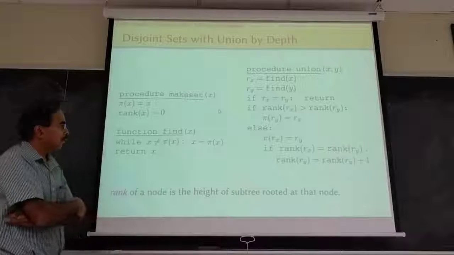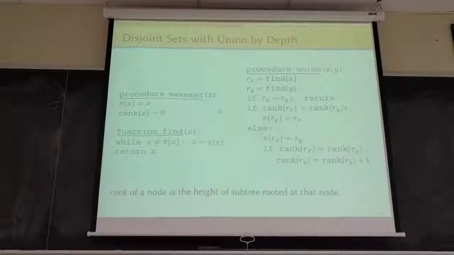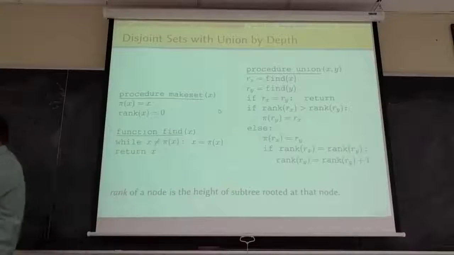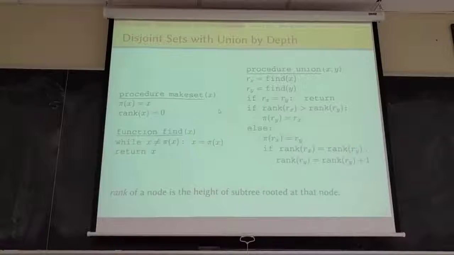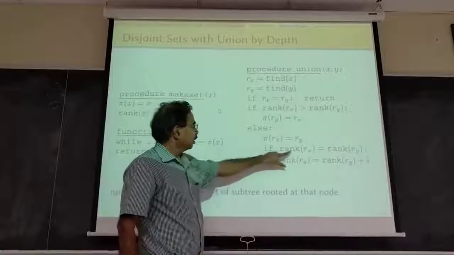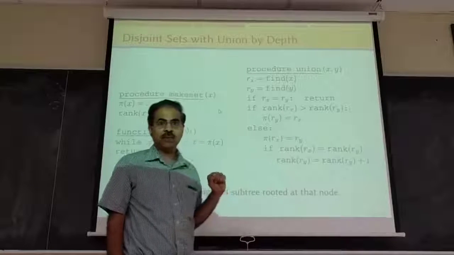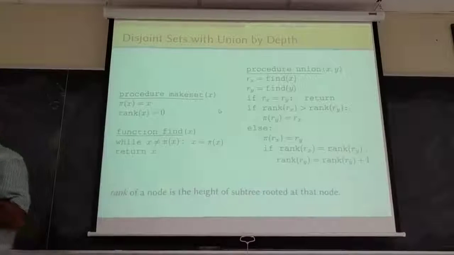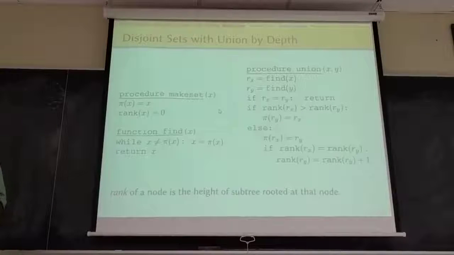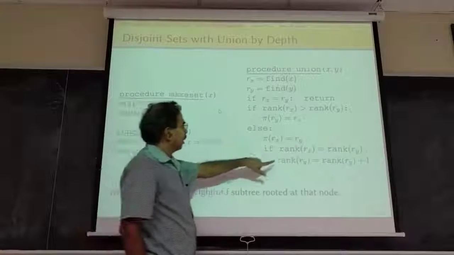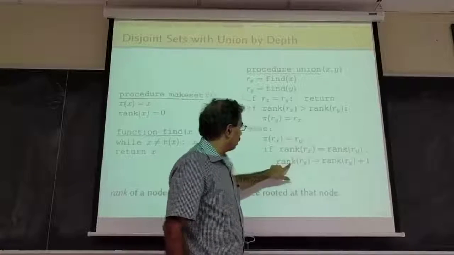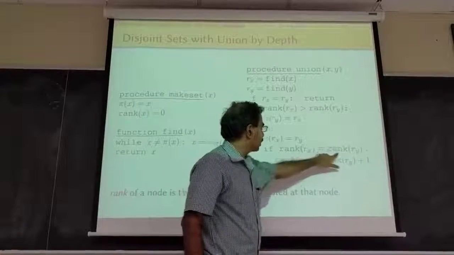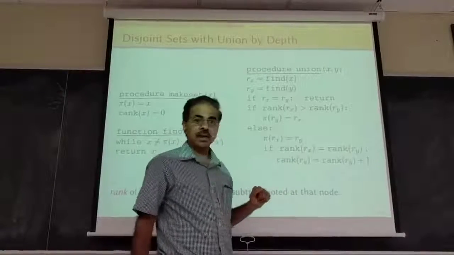So now that we know that the cost of a find is given by the rank of the tree, can we use that information to reason about the cost of n operations? The key point here is that each time the rank increases, the number of elements in that set has to at least double, because the only case where the rank is increased is if the rank of the two sets are the same.